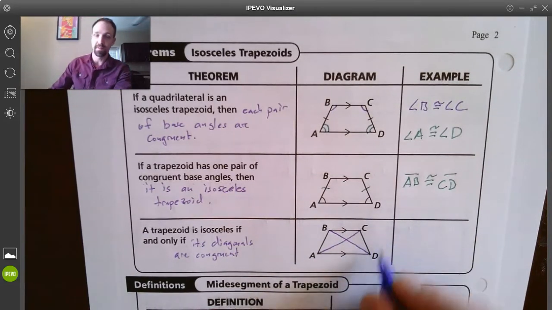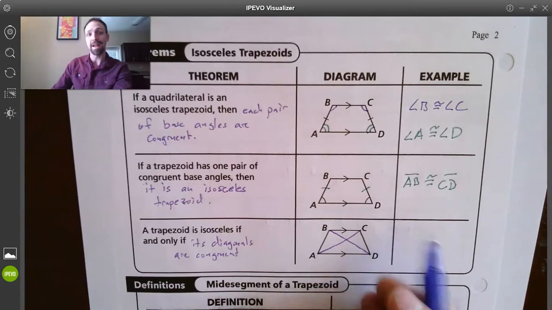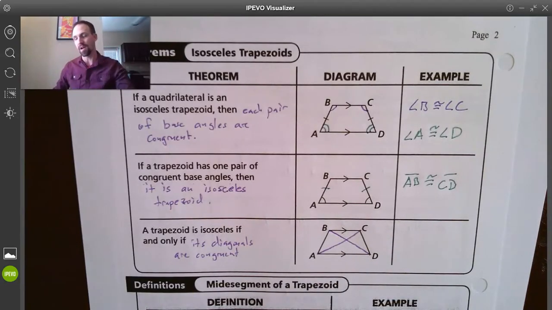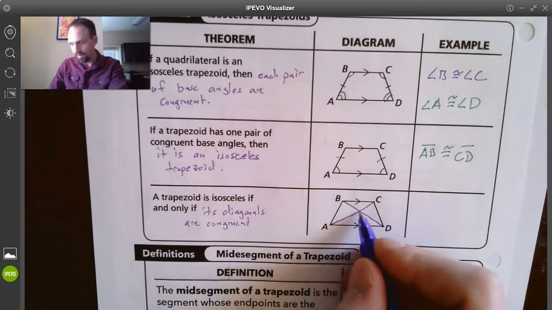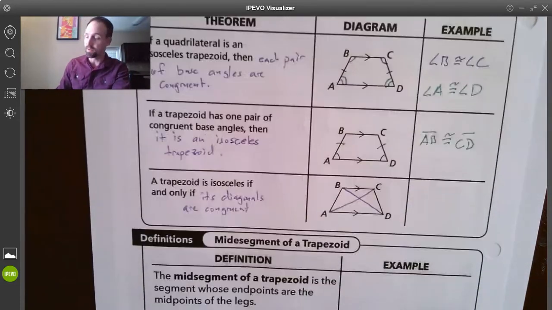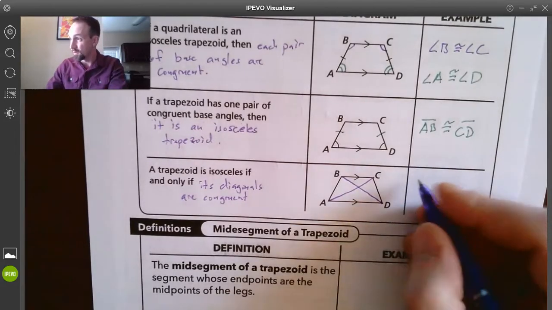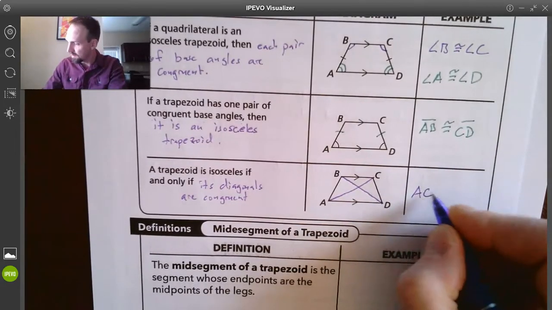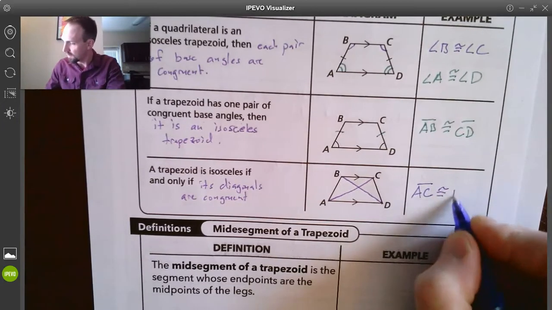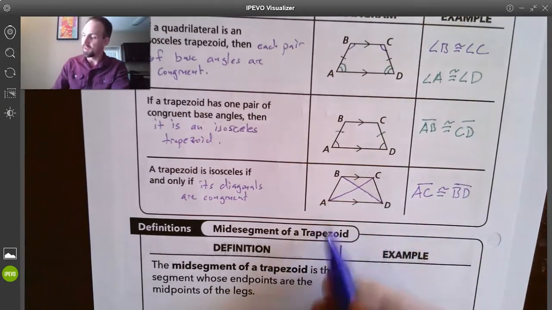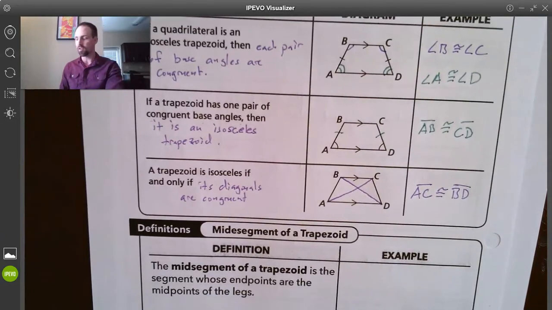So these segments here, the entirety of it. I can't draw actual segment congruent marks, because then it just looks like up to that intersection point. So segment AC is congruent to segment BD. So if the diagonals are congruent, then it's an isosceles trapezoid.